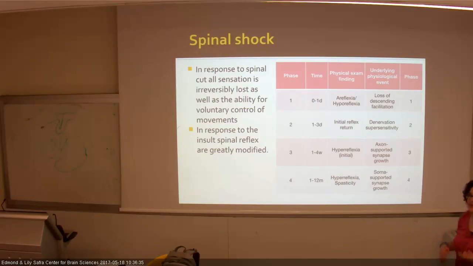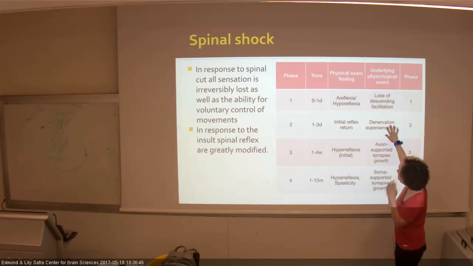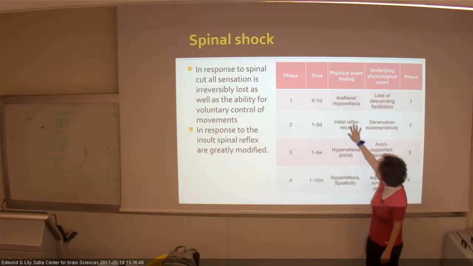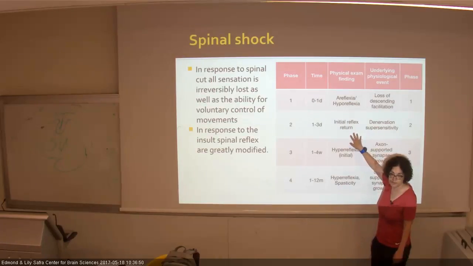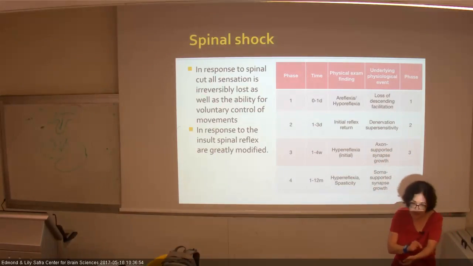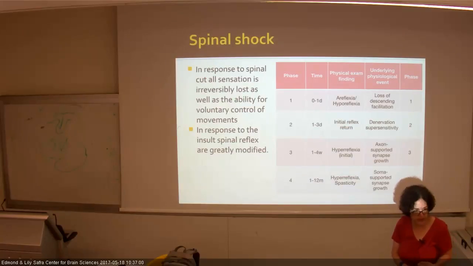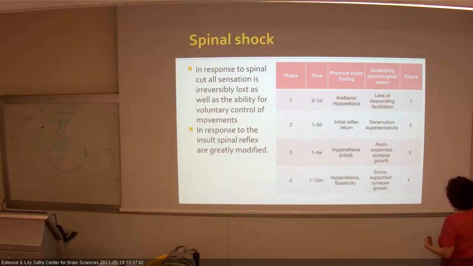But there is some kind of homeostatic response of the spinal circuitry. At first, there is a supersensitivity due to the denervation, which is responsible for the initial reflex return. You pinch the skin with a small needle, and there is a response of the limb.